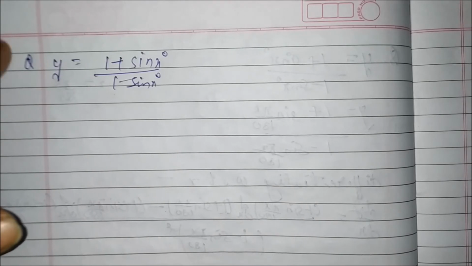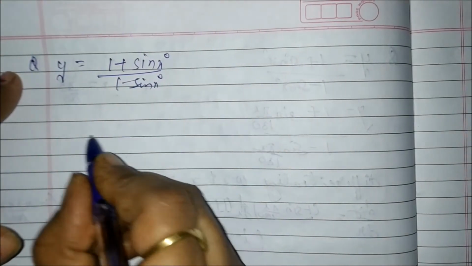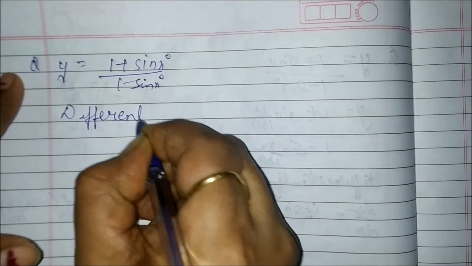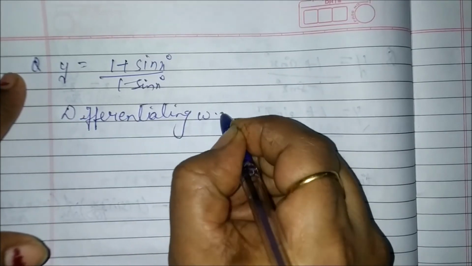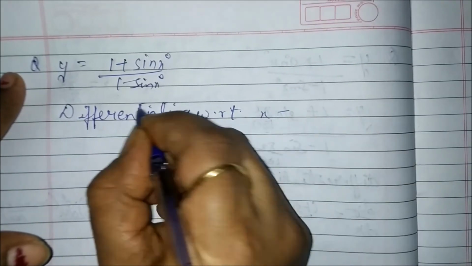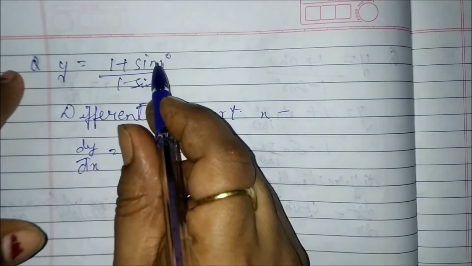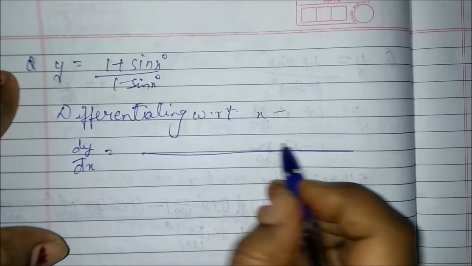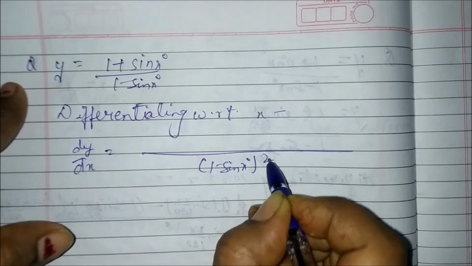Now the next question is y is equal to (1 plus sine x degree) upon (1 minus sine x degree). Differentiating with respect to x, we get dy by dx is equal to, this is u upon v, so we have to apply the quotient rule. The quotient rule has v square in the denominator, so (1 minus sine x degree) whole square.